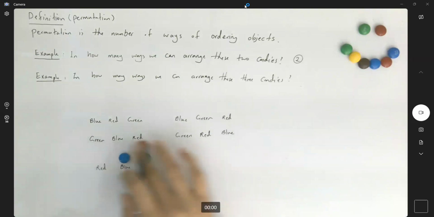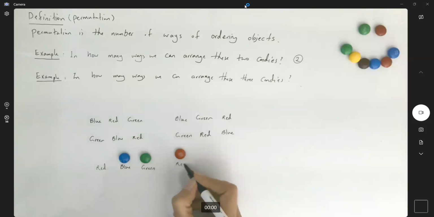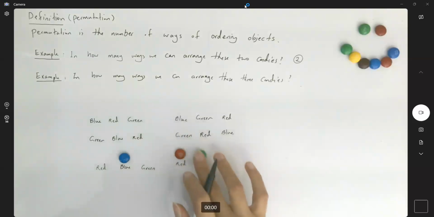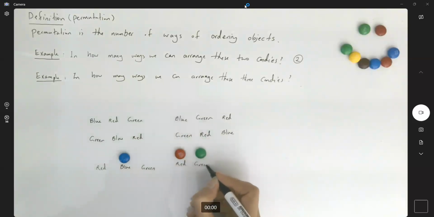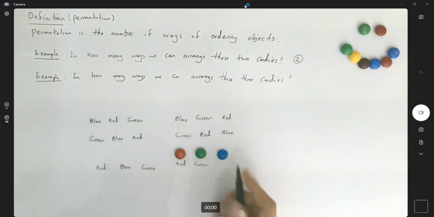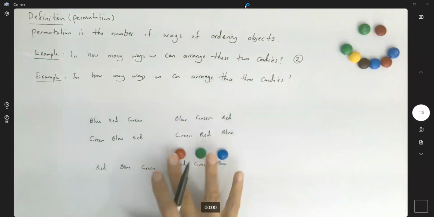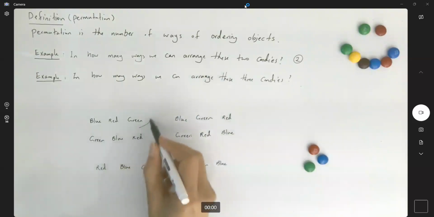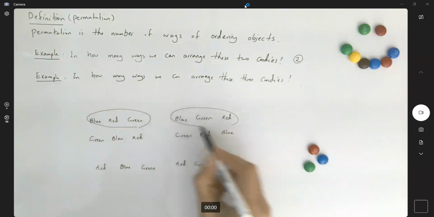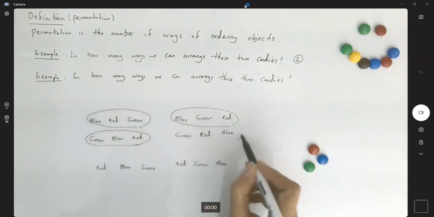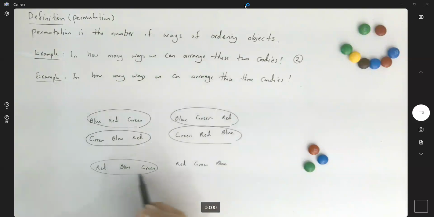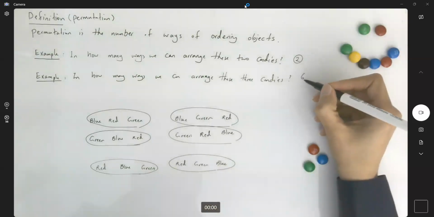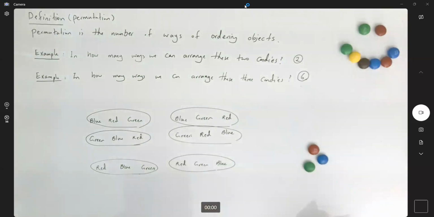You might say, hey, red comes first, then green, then blue. Okay. Do we have any other ordering for these three? That's it. How many in total? 1, 2, 3, 4, 5, and 6. So 6. We can continue this process.